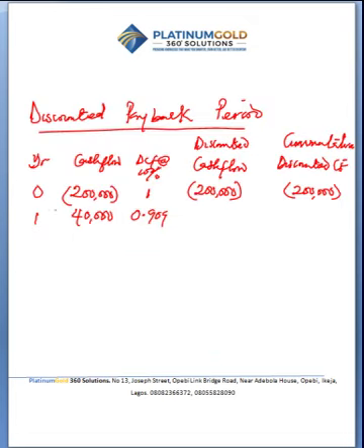Yes, it's negative. 40,000 times 0.909, that's 36,360. The cumulative discounted cash flow becomes minus 200,000 minus 36,360, which increases to 236,360.